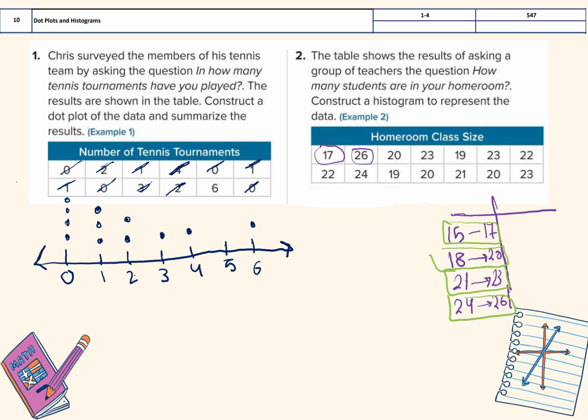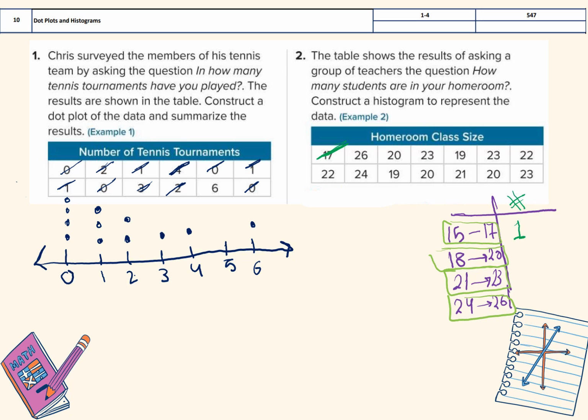Now I want to see how many numbers, for example, I have from 15 till 17. And here I need to be accurate. Numbers from 15 till 17, actually we have only one number, which is 17. So I'm going to write here 1. So here I'm finding the number of values.